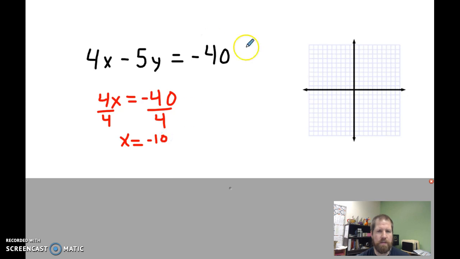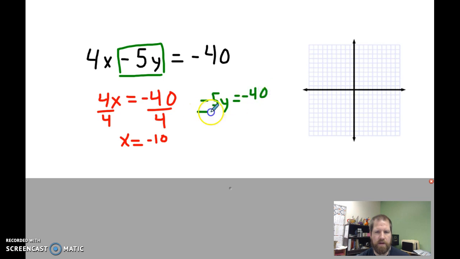Then I'm going to do the same thing for y. Remember, that sign does need to be included. So I have negative 5y equals negative 40. Divide by negative 5, divide by negative 5, and y is equal to negative 40 divided by negative 5, or a positive 8. Now I've got those two. I can get my two intercepts.